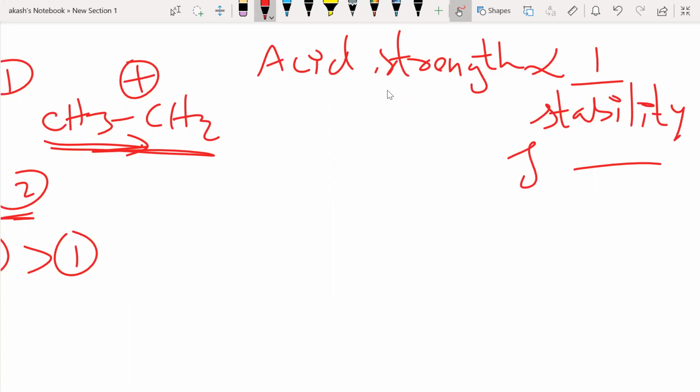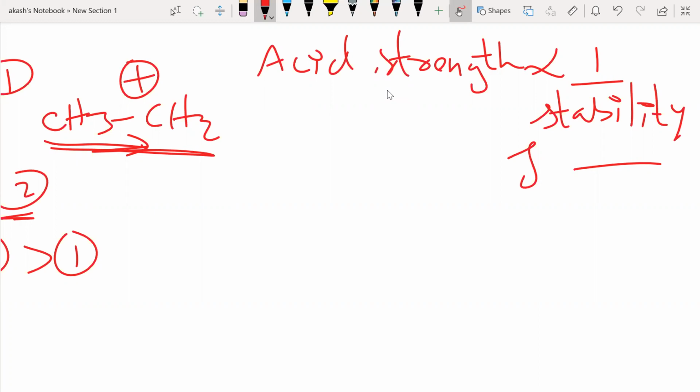Positive charge, sir? No. How do you say positive charge is more stable? Remember the example of HClO, HClO2, HClO3, and HClO4. What was the criteria there? I obviously said that HClO4 is more acidic.